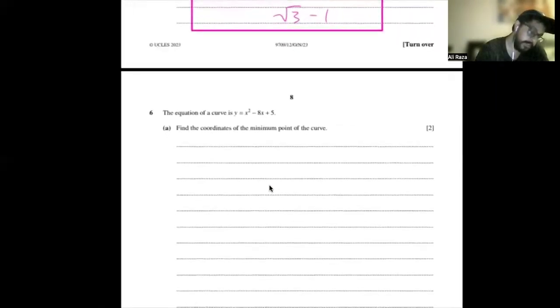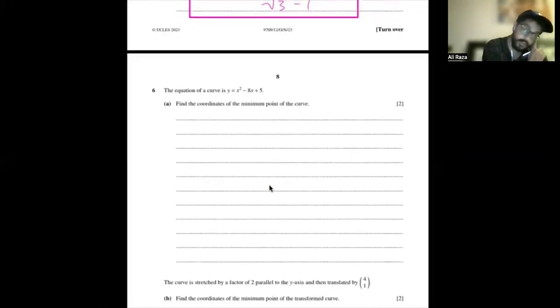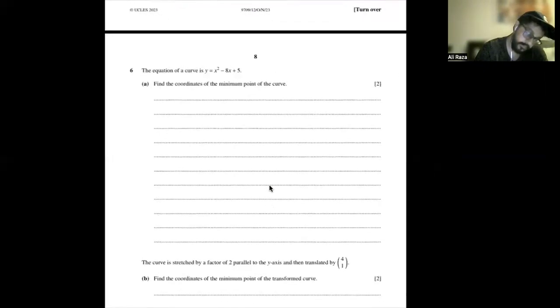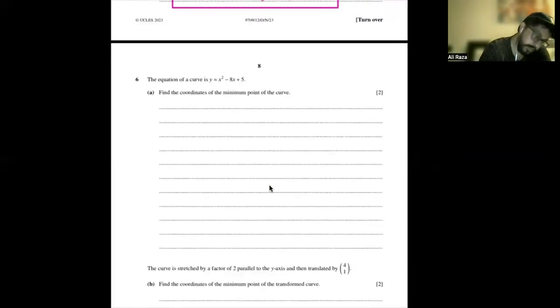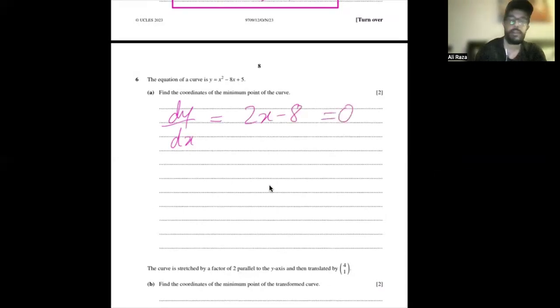In question 6, we have the equation y is equal to x squared minus 8x plus 5. We need to find the coordinates of the minimum point of the curve. We can differentiate this. We get dy by dx as 2x minus 8. We'll equate it to 0 since its gradient is 0 at the stationary point.